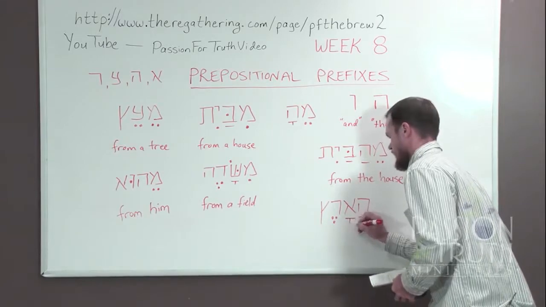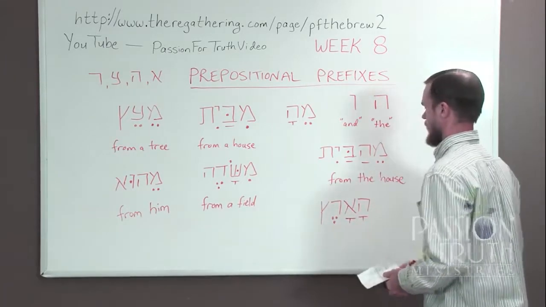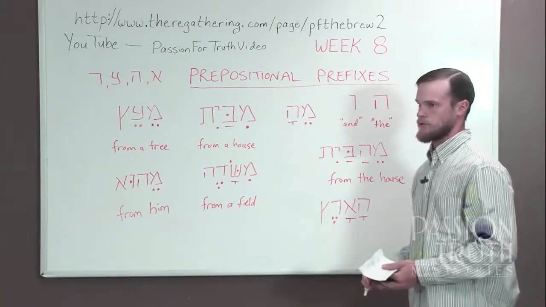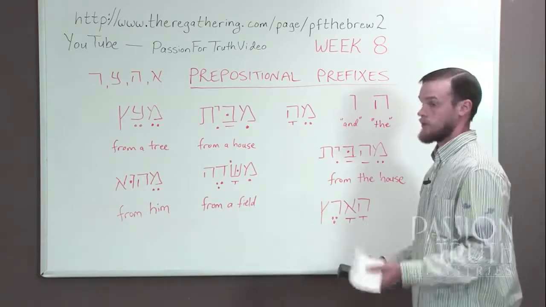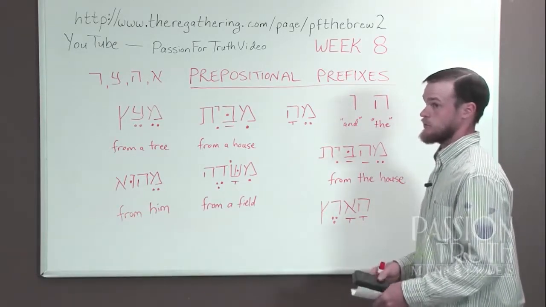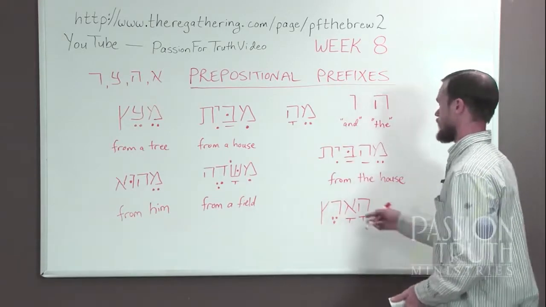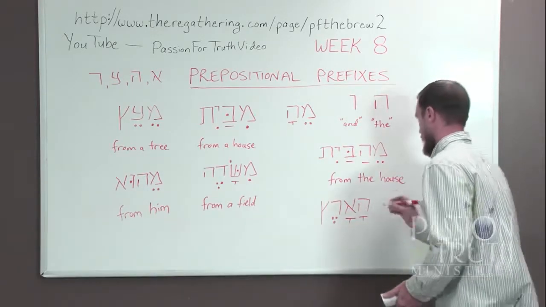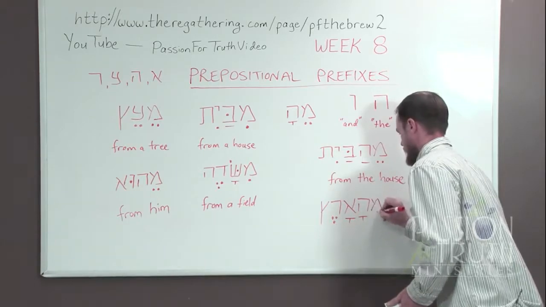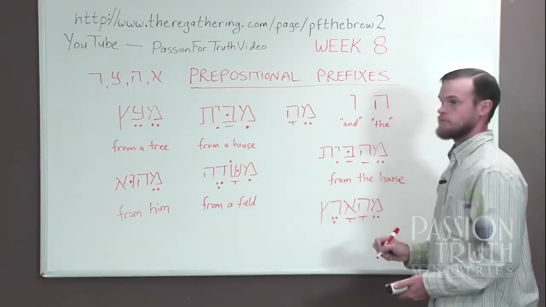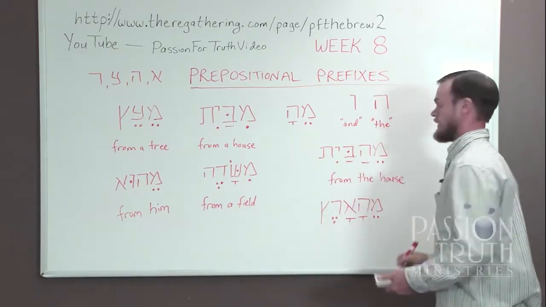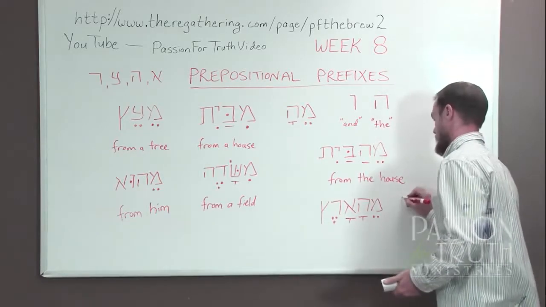There are certain words that will actually change their vowels when the definite article is added to them, and eretz is one of them. So that's why you'll hear ha-aretz instead of ha-eretz, which you would expect to hear. But anyway, ha-aretz is the land, from the land. Me-ha-aretz. And of course, in the blessing, they say min ha'aretz.